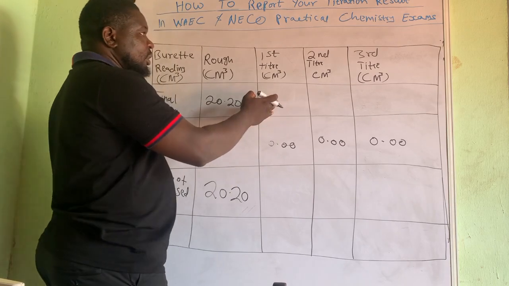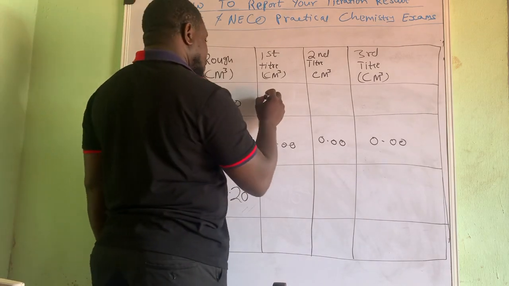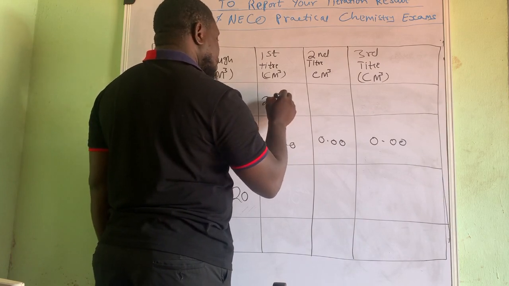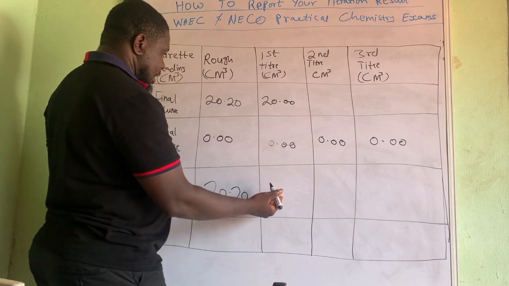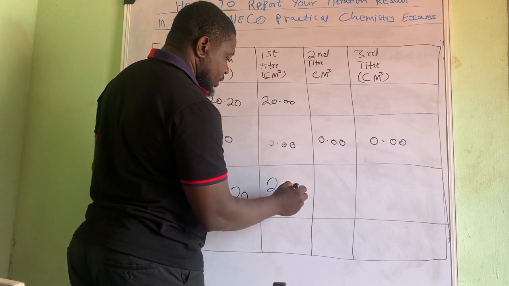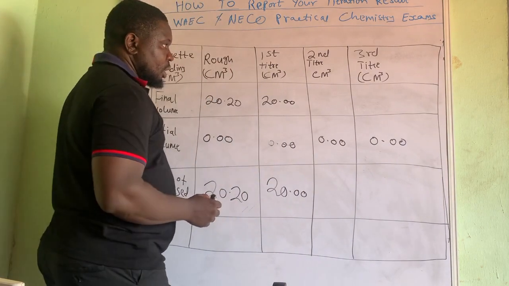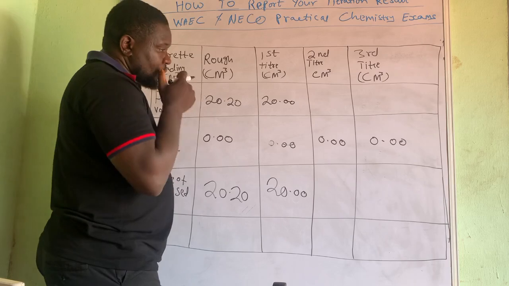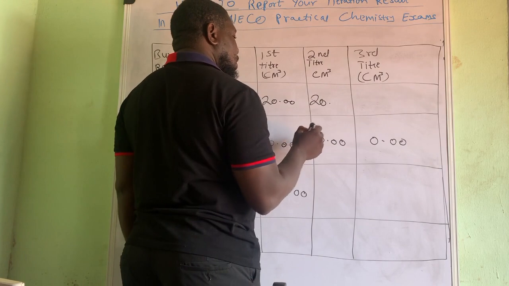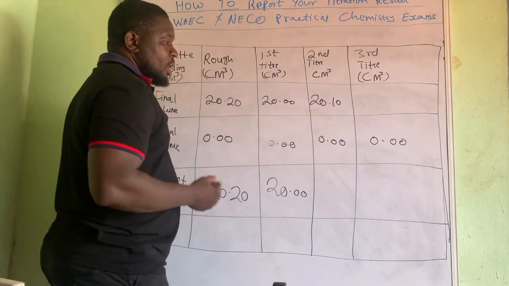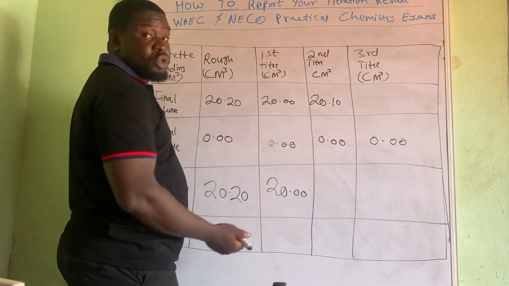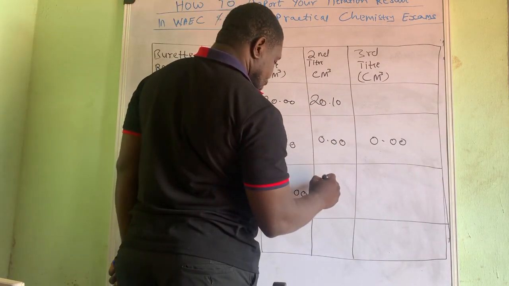Then let's say in the first iteration you got 20.00, then your final is 20 minus 0.00, so you still get 20.00. And when you're doing the second titration, you had 20.10, then the volume of acid used will be 20.10 minus 0.00.